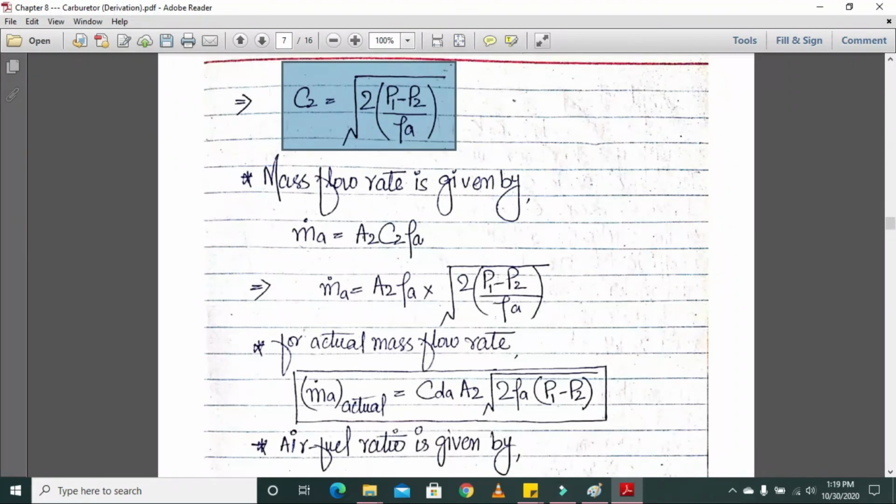we will simply put C2 in this relation, and you will note that the density of the air will remain same. So the calculation which we did to obtain the relation for rho 2, we do not require to do those calculations here.